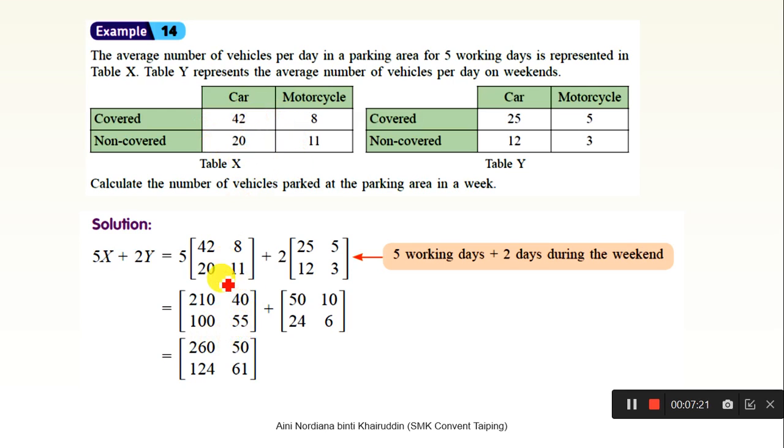So just multiply 5 with this matrix plus 2 times this matrix. This is for 5 working days and 2 days during the weekend. So after you multiply the elements of this matrix with 5 and also this, you just add the elements. So this is the answer.